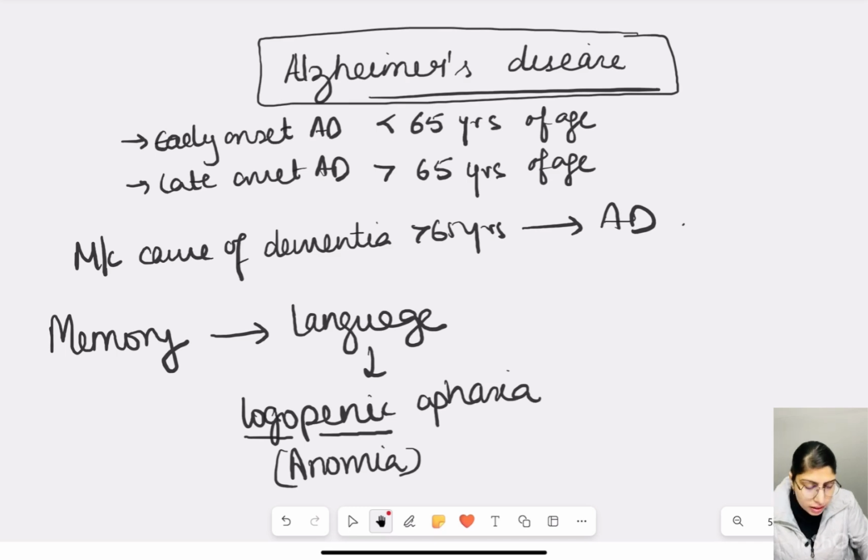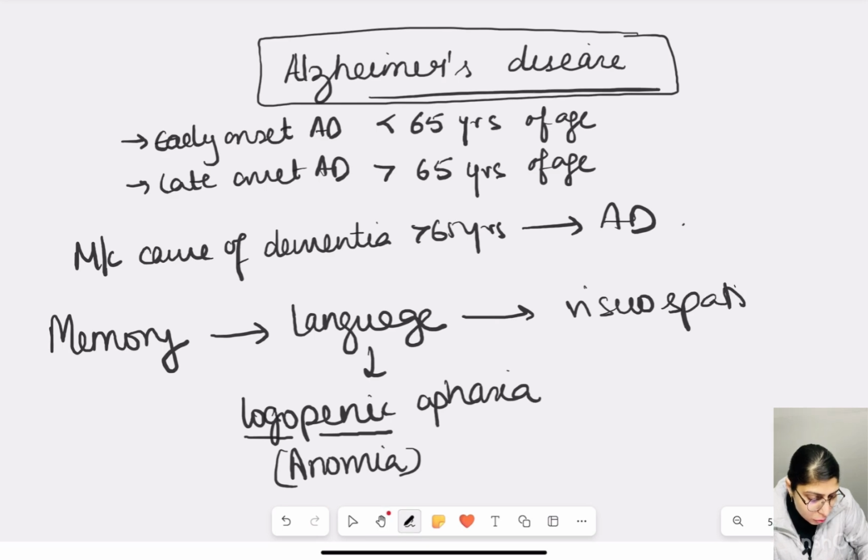Anomia, there is a naming difficulty. People start forgetting names. For example, if I ask them what is this, they might not say that this is a pencil or a pen. Or if I ask them, better will be this. If I ask them what is this, they will say it is something that we write with. They will not be able to figure out the name, that it is called a pen, right? So that is what is logopenic aphasia. There is difficulty in naming and also in repetition. So that is one thing.